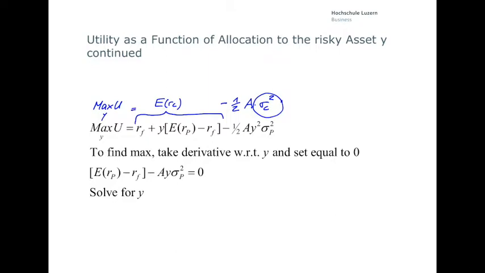As a next step, we replace the variance of the complete portfolio with the following term: Y squared times the variance of the portfolio. To find the maximum, we use the first order condition, resulting in the following formula, which equals 0. Solving for Y gives us the optimal position for risk-averse investors in the risky asset Y.